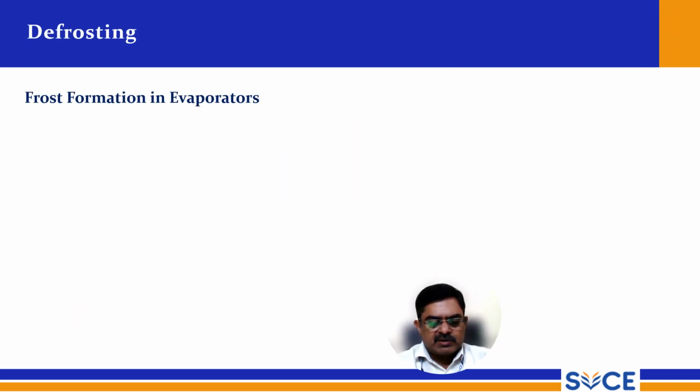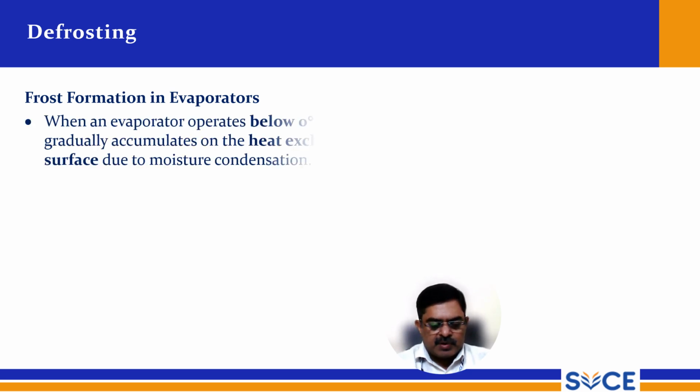So defrosting. Frost formation in evaporators is another drawback. Defrosting is necessary, and frost formation is common in all evaporators. When an evaporator operates below 0 degrees Celsius, frost gradually accumulates on the heat exchanger surface due to moisture condensation.